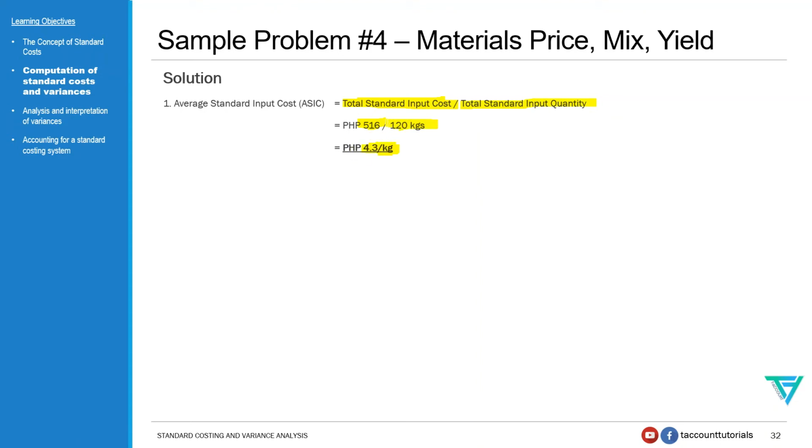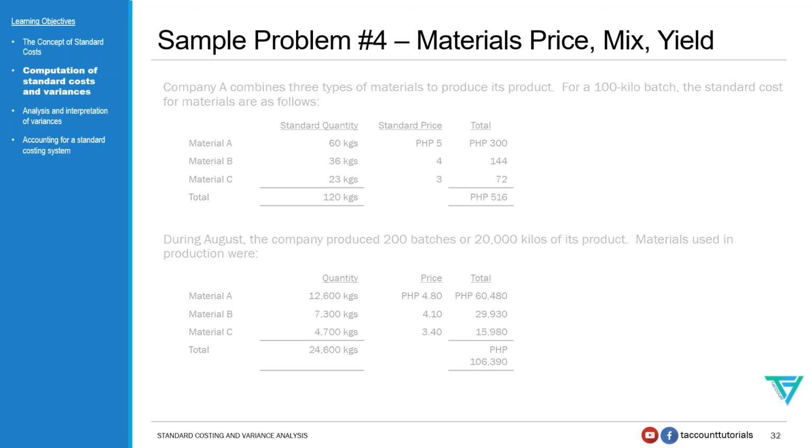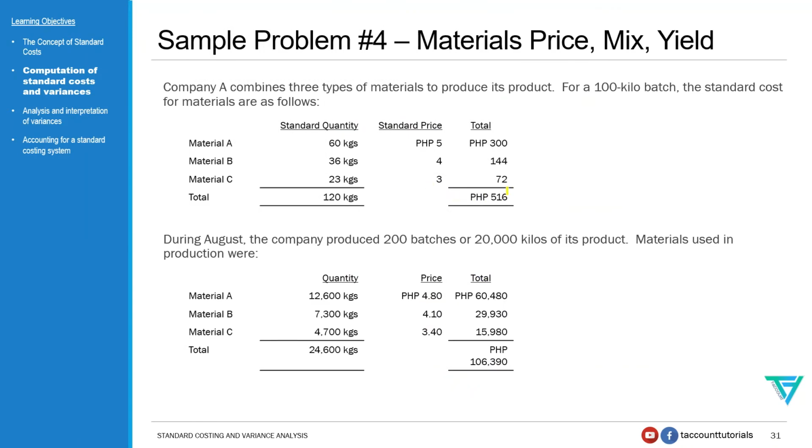Now, how did we get 516 over 120? We go to the previous slide. The total standard input cost for each batch is 516 pesos here, and we divide that by the standard quantity for each batch of 120 kilograms, which provides us the average standard input cost.